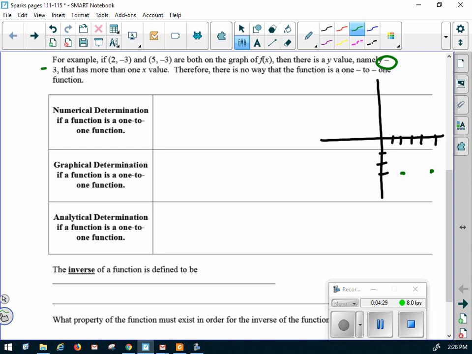Do you see that you have a y value that has more than one x value? That function is not one-to-one.